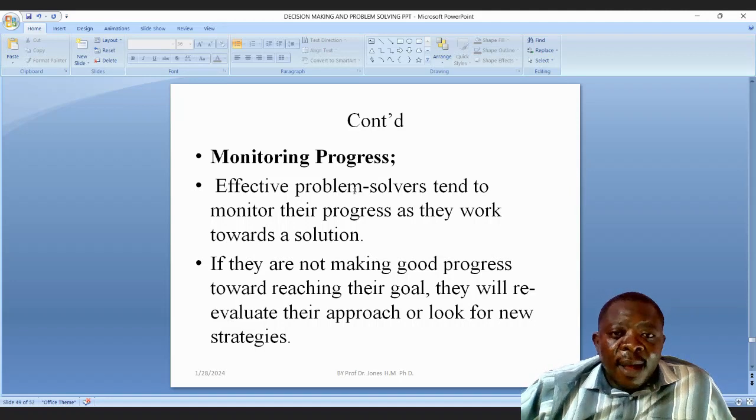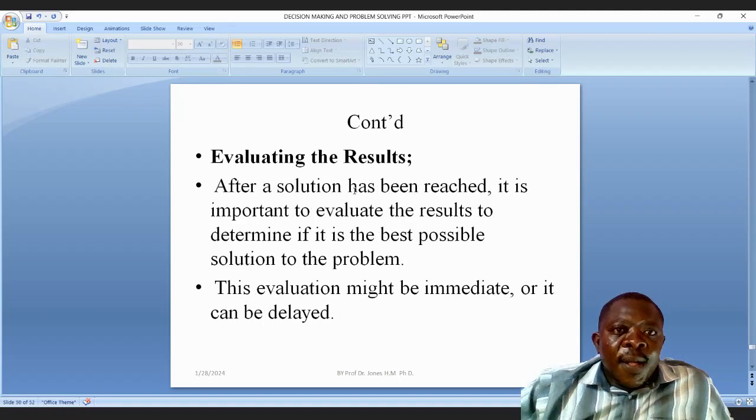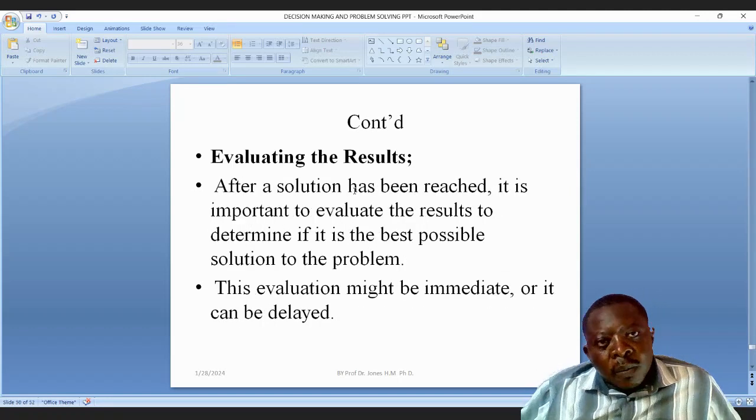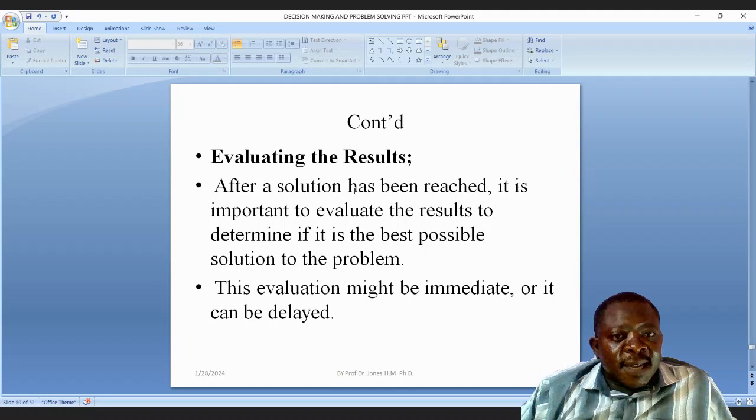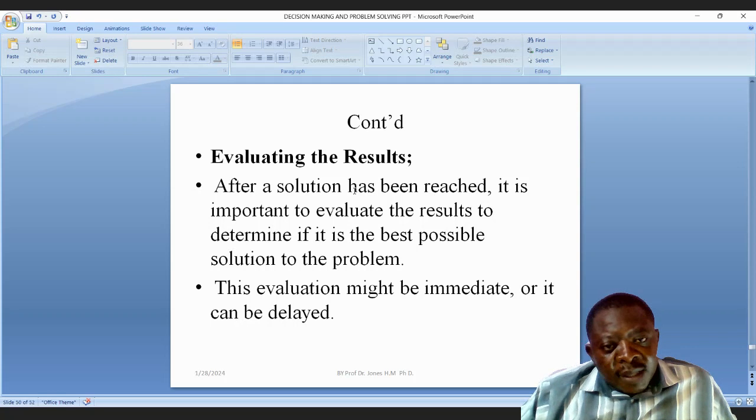Then evaluating the results. After a solution has been reached, it is important to evaluate the results to determine if it is the best possible solution to the problem. This evaluation might be immediate or it can be delayed. It can be formative or it can be summative. Meaning, it can be during the process of implementation of the decision that was made, or it can be done at the end.